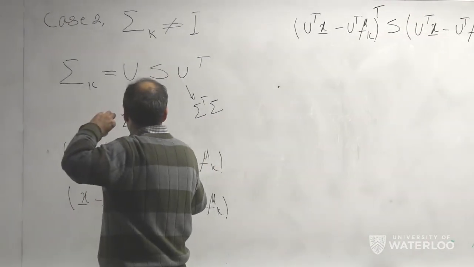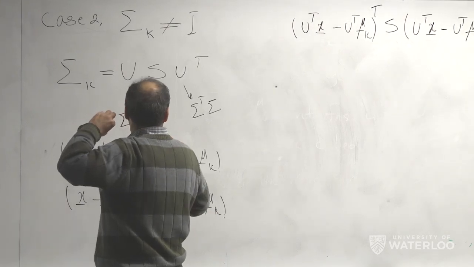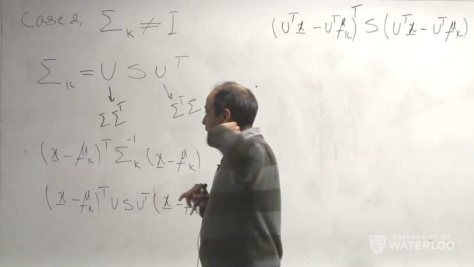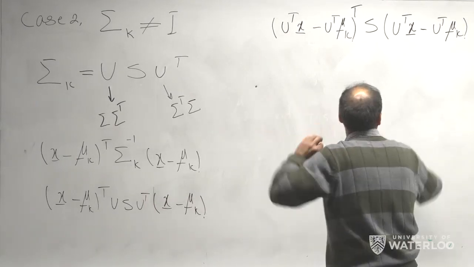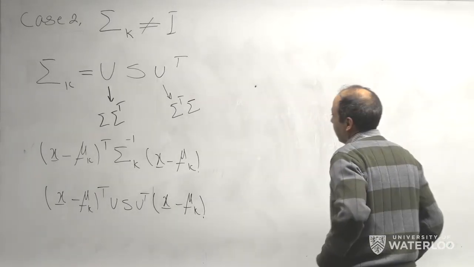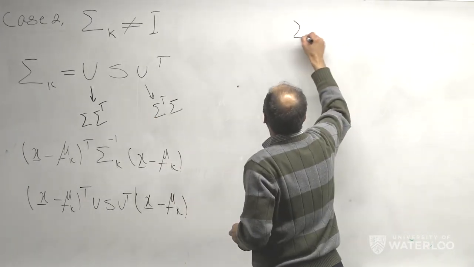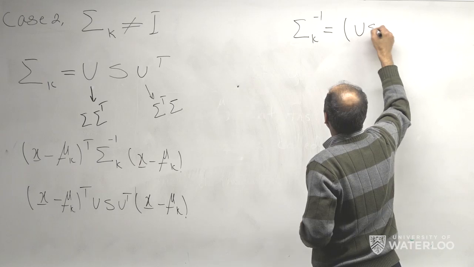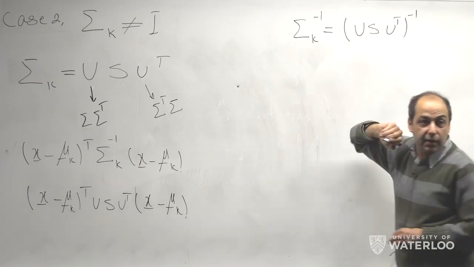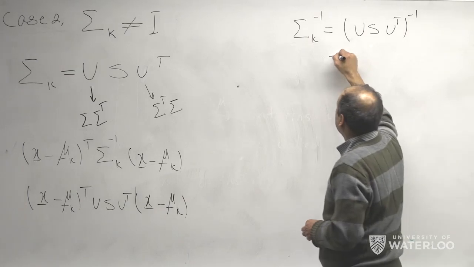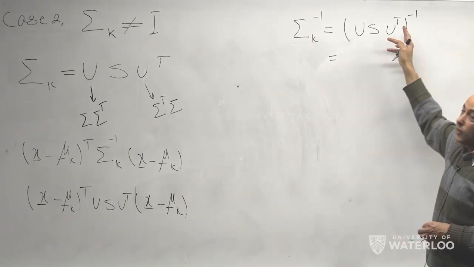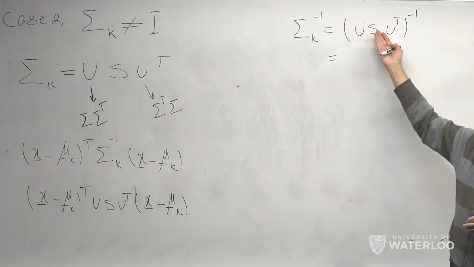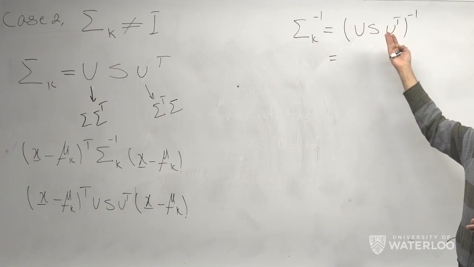Oh, right. So this is basically the inverse. Sorry. So what is the inverse of sigma k? Let me write this first. So this is sigma. What is sigma k inverse? Sigma k inverse would be U S U transpose inverse, right? Then it's going to be U transpose inverse, S inverse, U inverse. What's U transpose inverse?